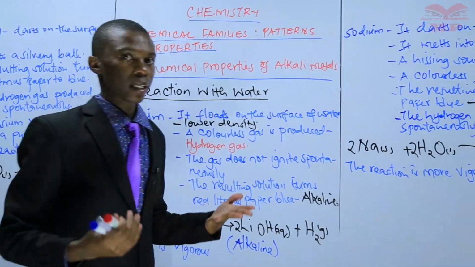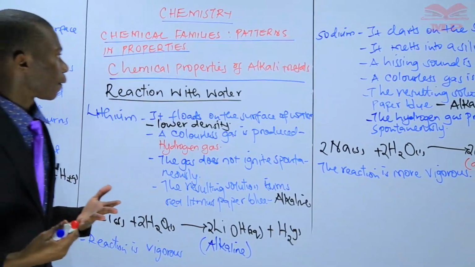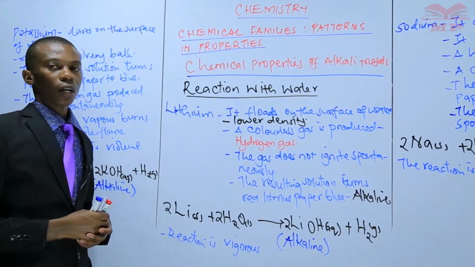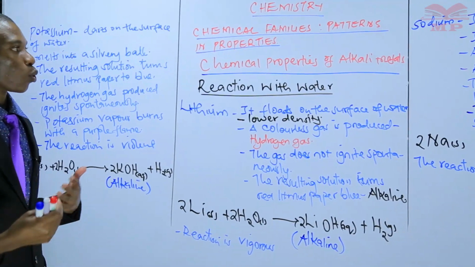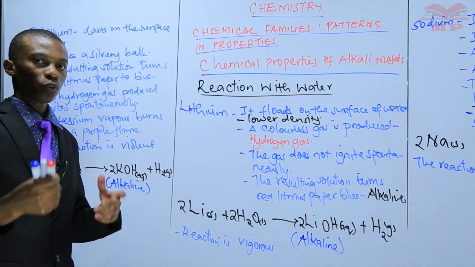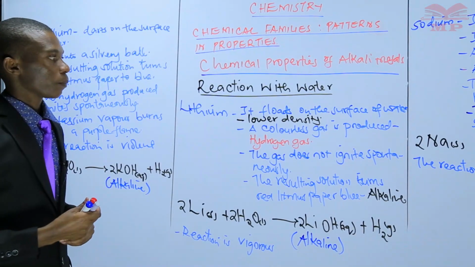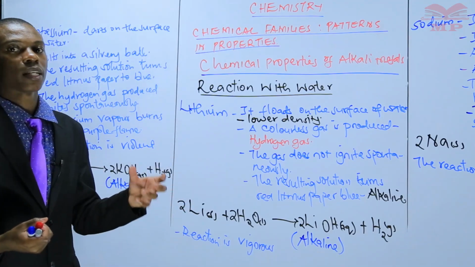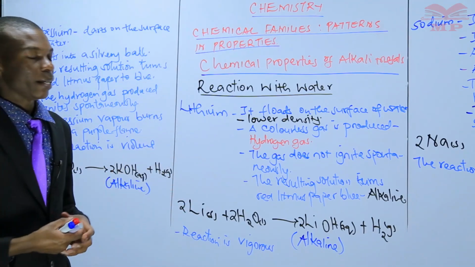So that is how alkali metals react with water. Maybe to go through what we have discussed, we have seen that when you place a small piece of lithium metal in water, then this piece of lithium floats on the surface of water because it has a lower density.